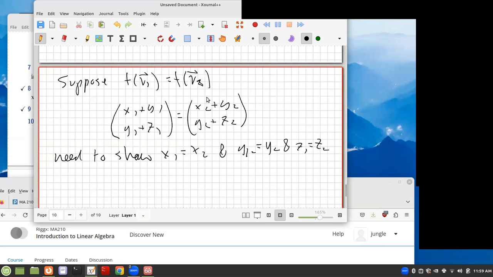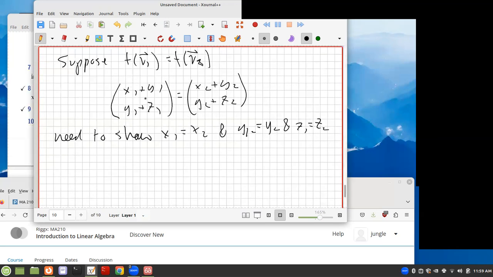Well, we can write this out as a linear system. If these are equal, then x1 plus y1 has to equal x2 plus y2, and y1 plus z1 has to equal y2 plus z2.